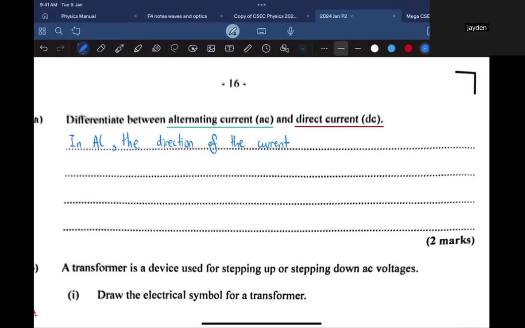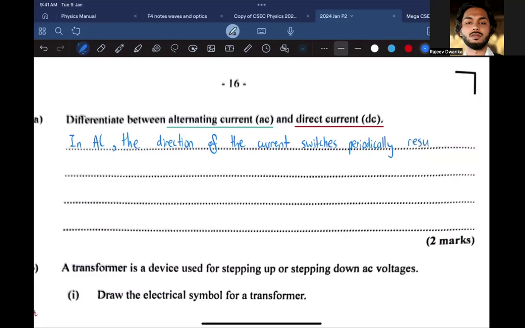Switching, always switching. But we're going to be specific here. In alternating current, the direction of the current switches periodically. It doesn't just switch randomly. It switches after a period of time, consistently. Like after 1 second it will switch, after another second it will switch. So that means periodically.